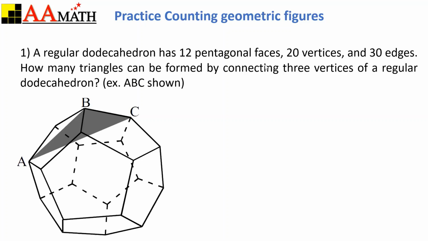Any 3 points can make a triangle. We have a total of 20 of them, so that's simply 20 choose 3. How many ways can we pick 3? Then that would be the answer, right? 20 choose 3. Yep, we make a triangle. Okay, so that would be the answer.